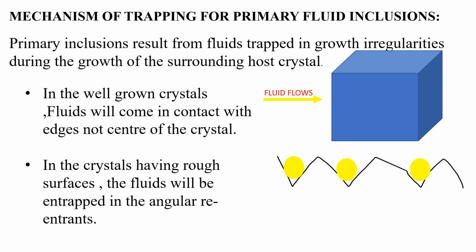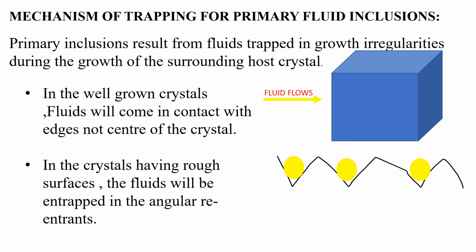But in the case of crystals having rough surfaces, the fluids will be entrapped in the angular reentrants. As you can see, the yellow ones in these rough surfaces, the fluids are entrapped in the angular reentrants that capture the fluid.